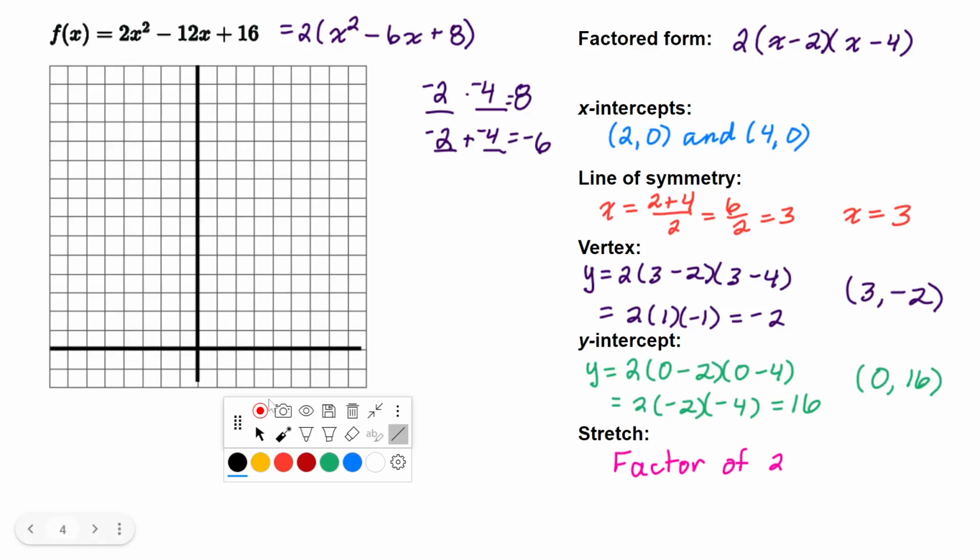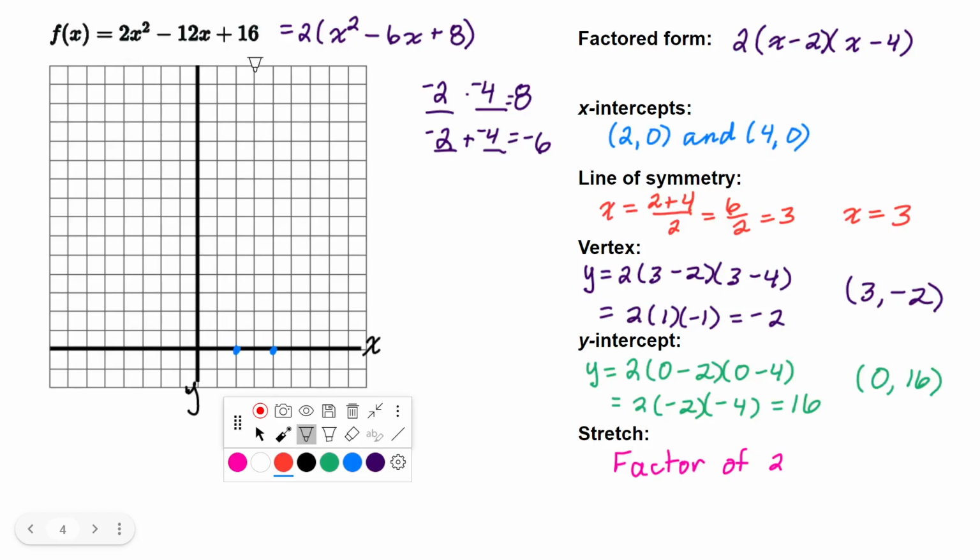I don't know if I have enough room on my graph for our y-intercept, but I have placed my x-axis as low as I can and still plot my vertex. So 2, 0 and 4, 0 are my x-intercepts.